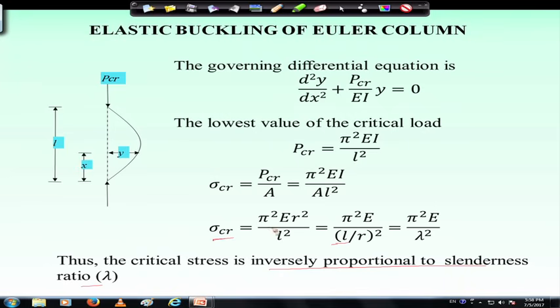The critical stress will increase if the value of lambda is less, or reversely, the critical stress will be less if the slenderness ratio is more. The critical stress from Euler buckling theory will be used for deriving the compressive strength of the column.